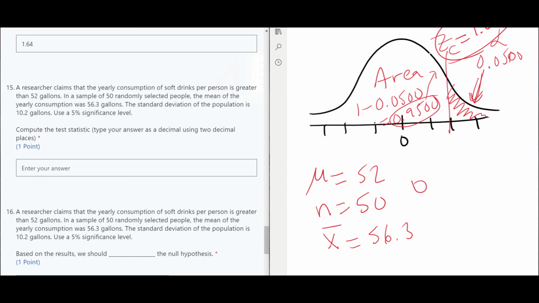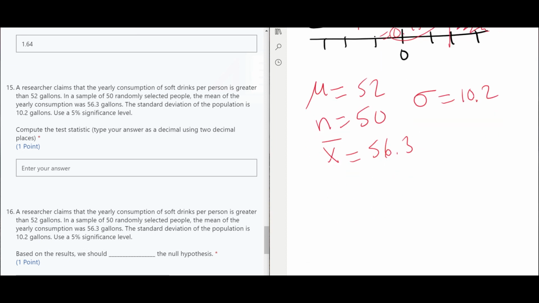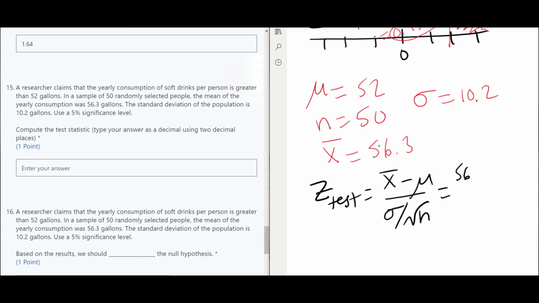The standard deviation of the population, sigma, is 10.2. So we have everything we need to do the calculations. The test statistic is calculated by X bar minus mu over sigma divided by square root of n. So we have 56.3 minus 52 divided by 10.2 over square root of 50.